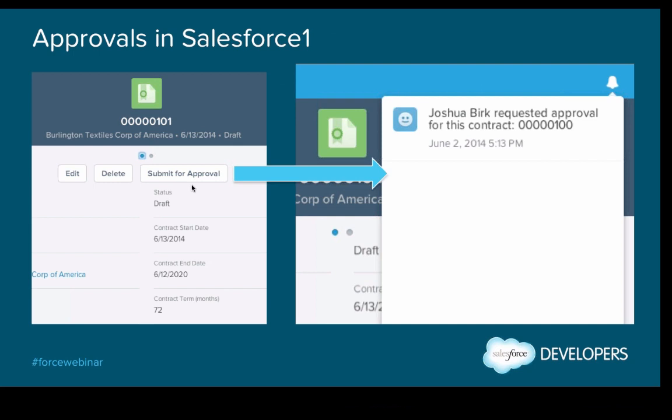And the nice thing is, if you submit a record for approval through the mobile interface, the person who is going to be approving that will see that show up in the notification tray. They'll get a little notification tray icon. They can click on that, and they can go right to the record and approve or deny that right from their mobile phone. So we've got end-to-end approvals in Salesforce 1 now right from your mobile device.